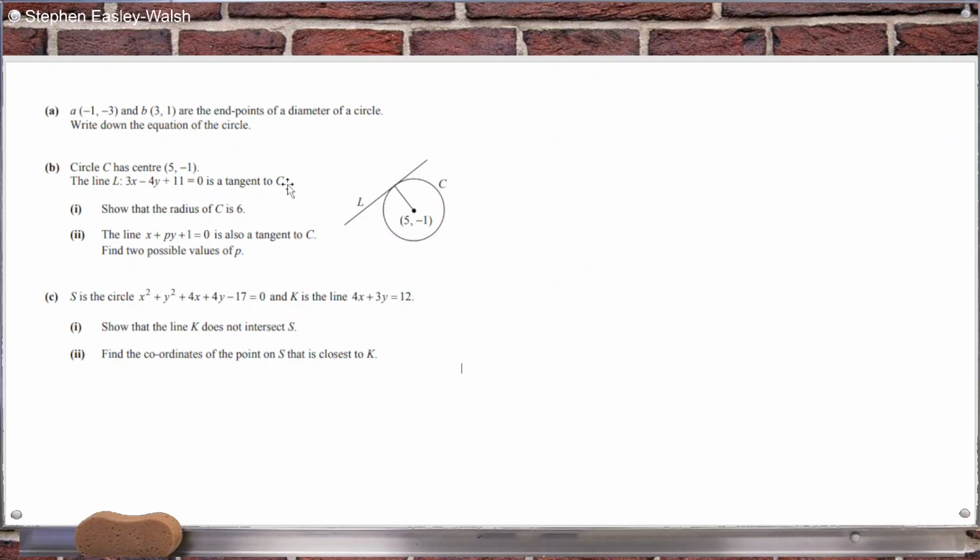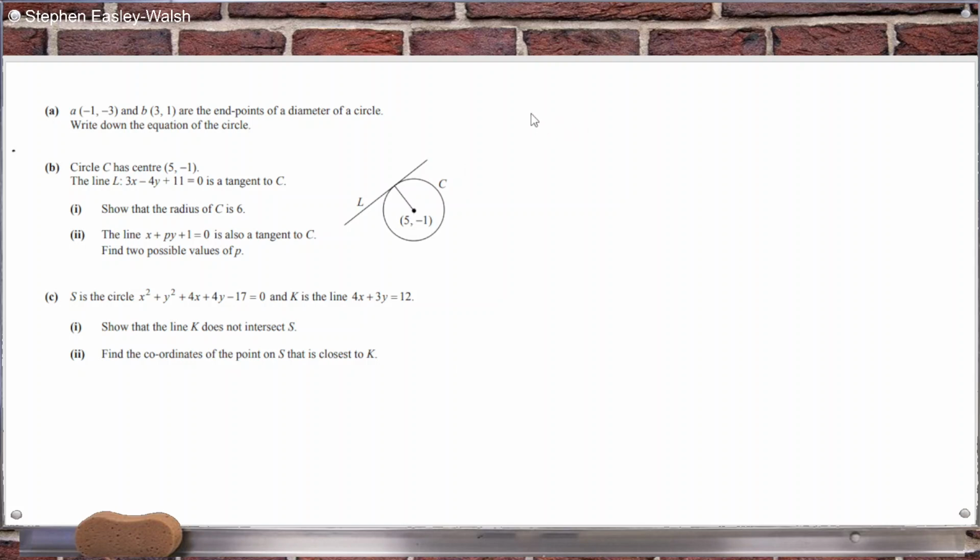The line x plus py plus 1 equals 0 is also a tangent to C. Find the two possible values of p. Okay, so I wonder. It means the perpendicular distance between that line and this point here is also 6.